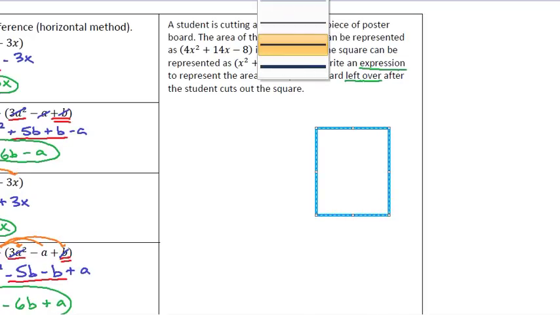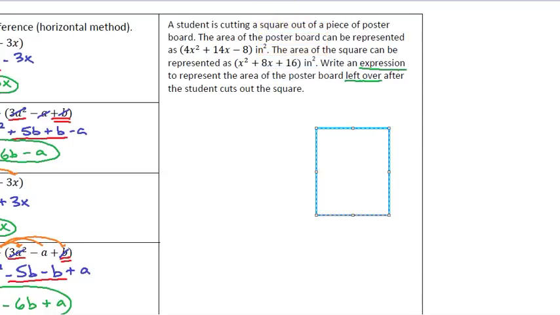Let's change my lines to be a little thinner than that. Alright, and then inside this poster board, we're going to cut out a square. I'll try to make it look like a square if I can. Alright, so all we're doing right now, class, is we're just diagramming the word problem.